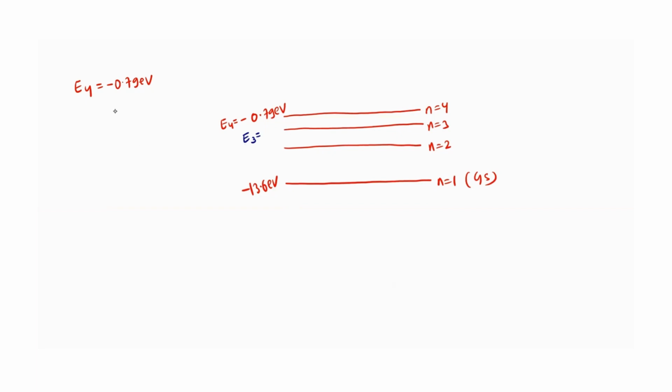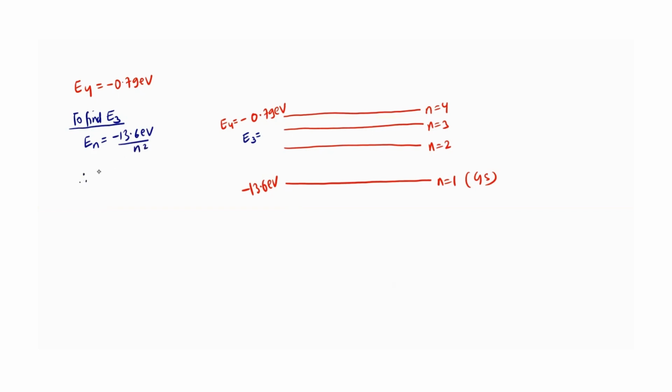So to find E3, we use this: En equals minus 13.6 electron volt by n square.